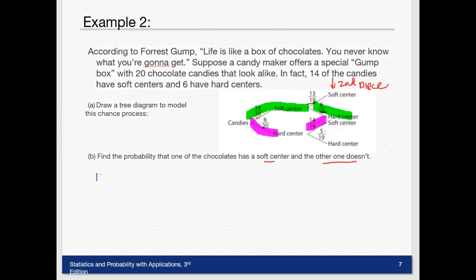So I'm going to do 14 out of 20 times 6 out of 19, plus, then I come back and do hard candy, then soft candy, 6 out of 20 times 14 out of 19.